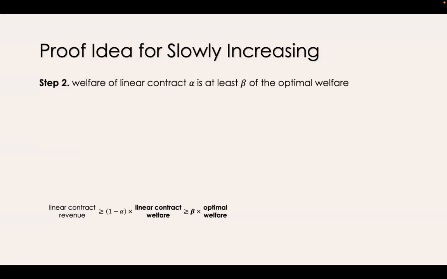So consider the welfare contribution of each type to the optimal welfare, as in the following curve denoted by opt. The optimal expected welfare is integrating over this area when considering the distribution over types. And the nice thing is that because of the linearity in type and cost in our model, there is a close relation between this curve and the curve of the welfare of a linear contract with parameter alpha.